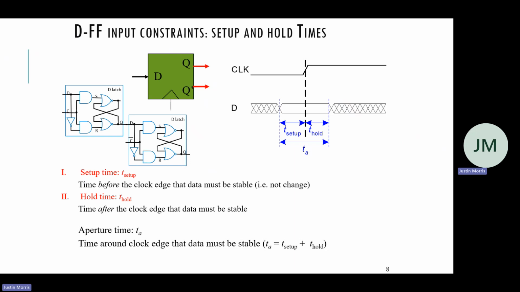But it does not happen instantaneously, right? There is some time that it takes for these AND gates to evaluate the clock change, right? And that is the time that we need to make sure that D is held. Because if it changes during that time to a new value, then the new value might make its way through to the latch.